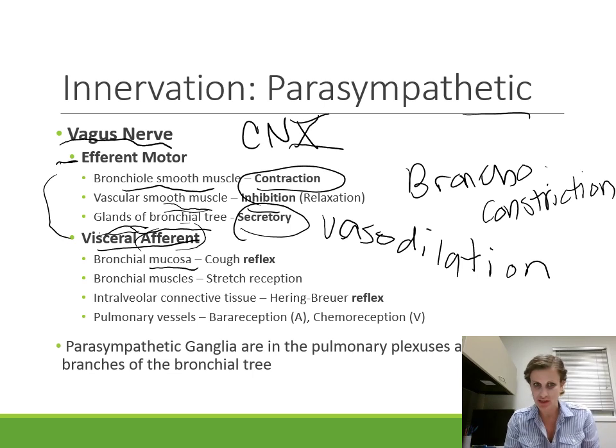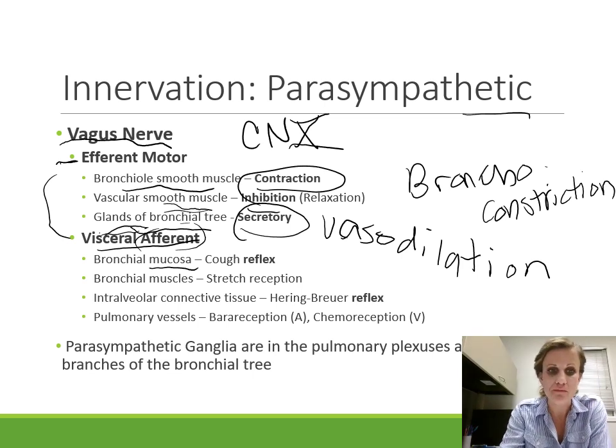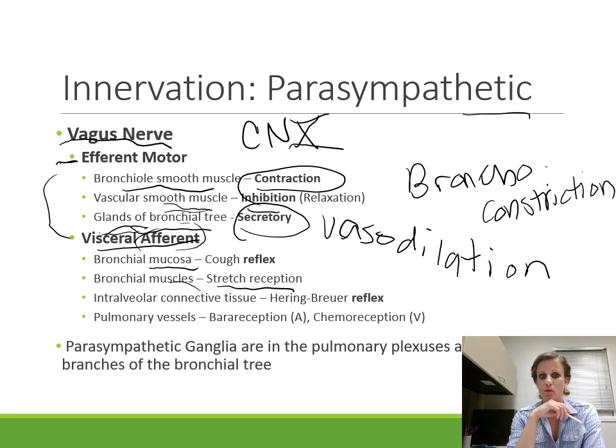Again, this is protective. The afferent fibers of the vagus nerve have stretch receptors that are present in the bronchial muscles. So what these stretch receptors do is they're stimulated when there's a lot of stretch.